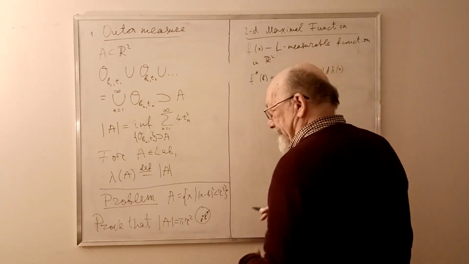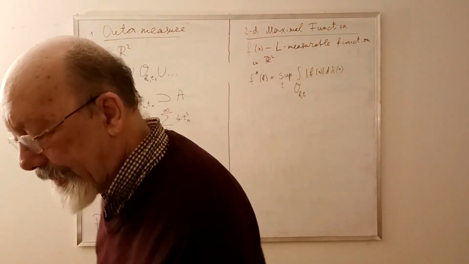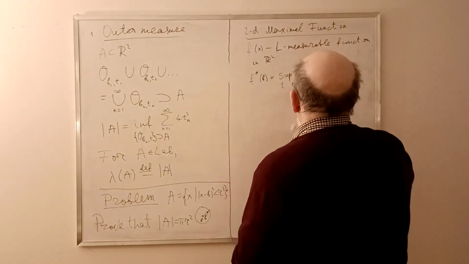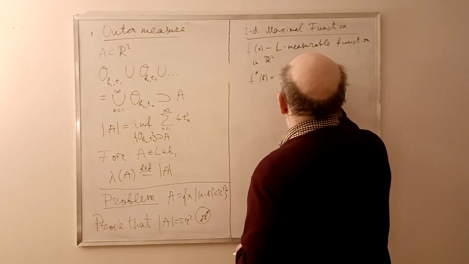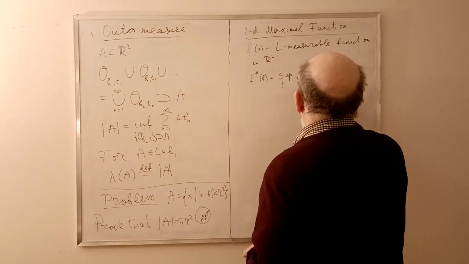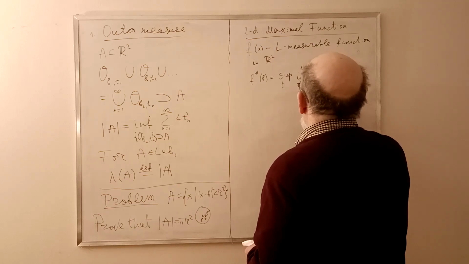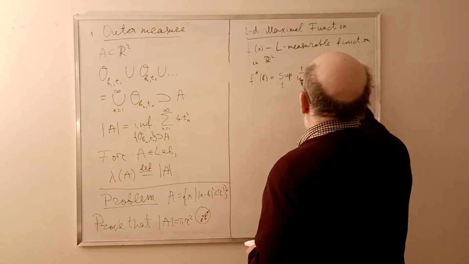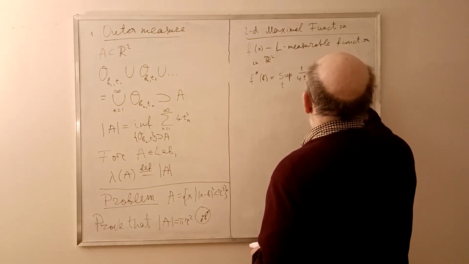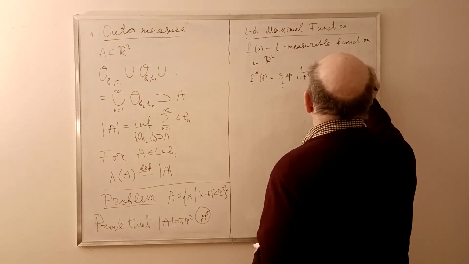divided, I'm sorry, by 4t squared. So the integral over O(b, t) of modulus f of x d lambda of x.